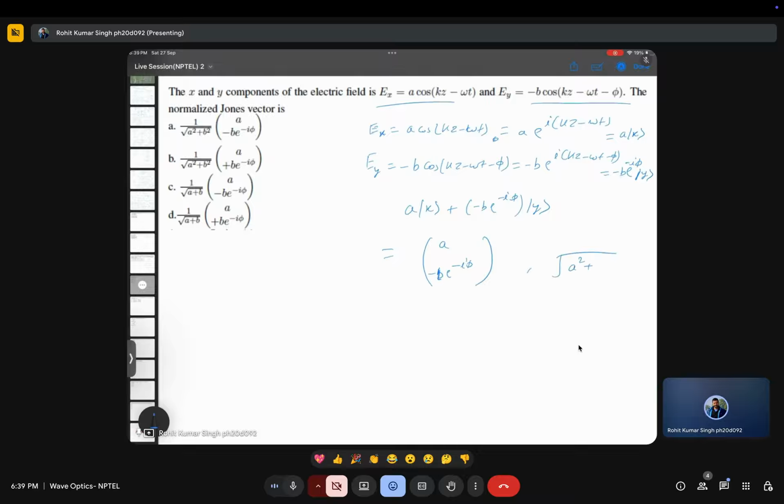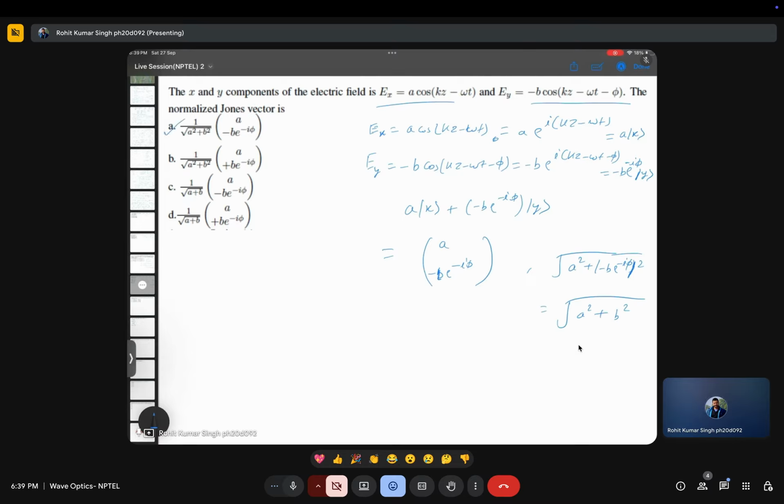So a square plus minus of b to the power minus I phi, square. So this is nothing but just b square. So which is the correct option?